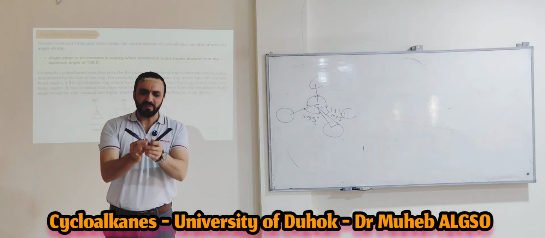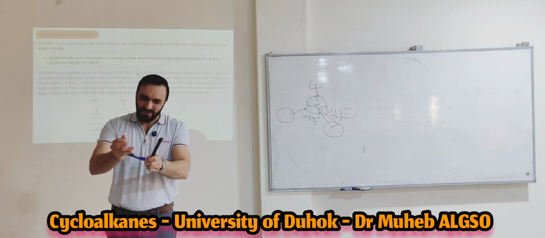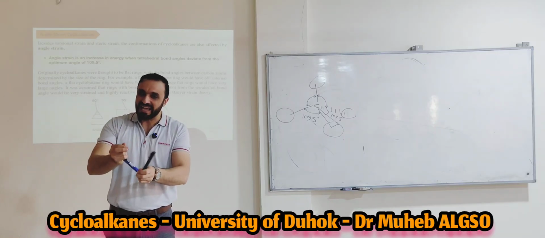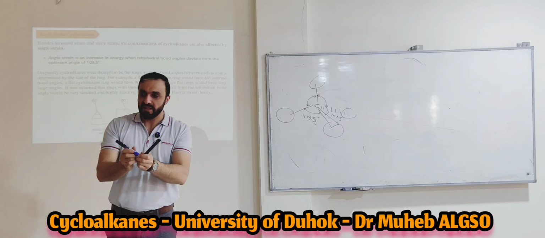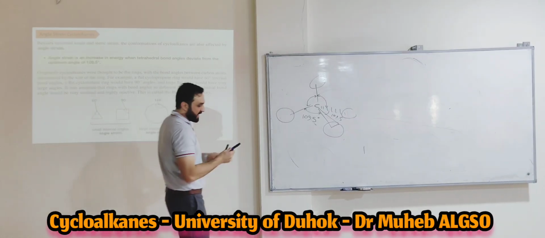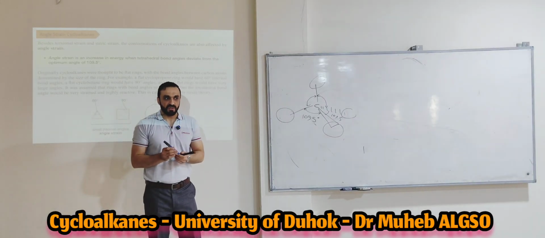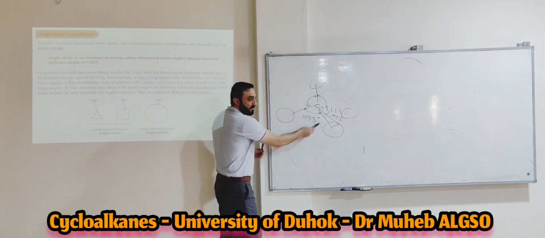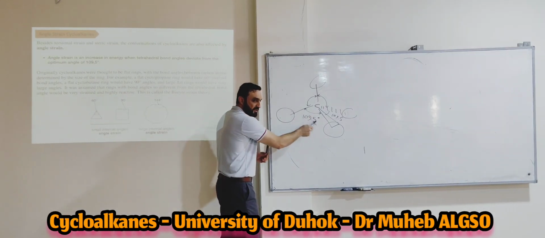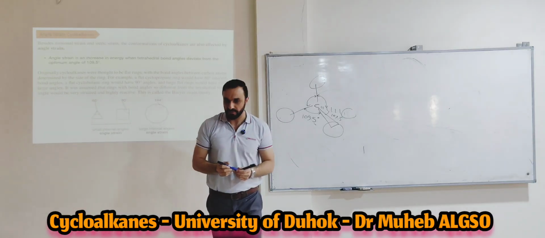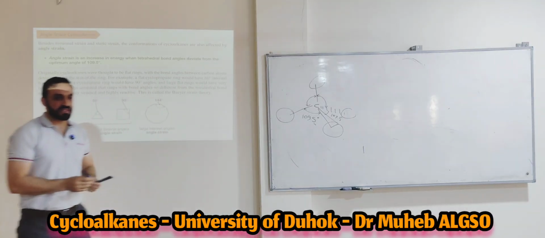Angle strain. In the normal figure, it will be like that. But if I change it, I have strain here. Okay, shed zawi. Every effort to change this angle, to increase or decrease it from this number, will affect the stability of the compound.